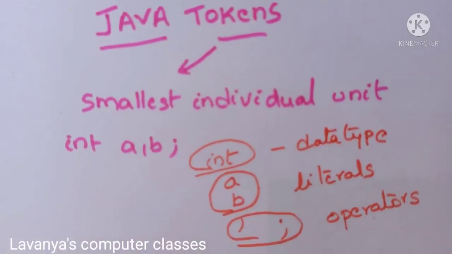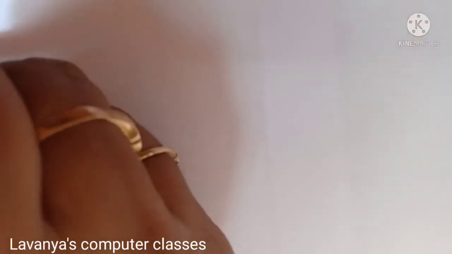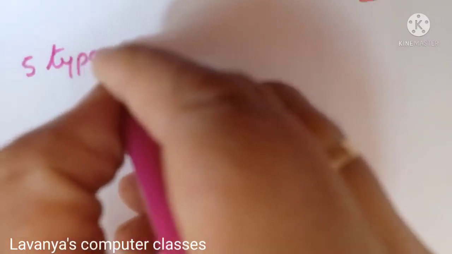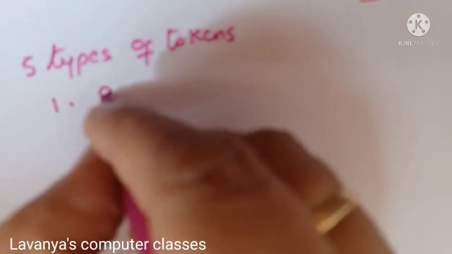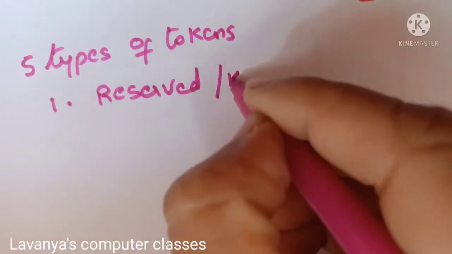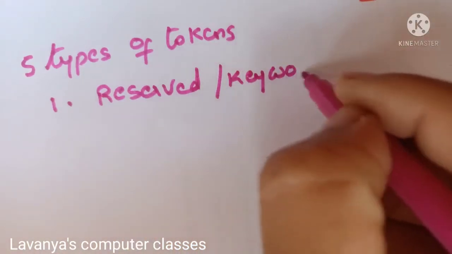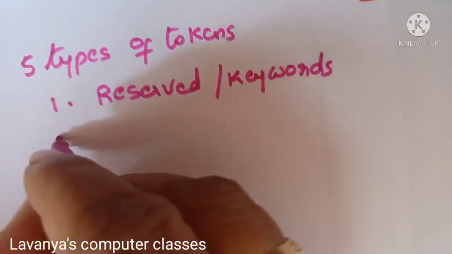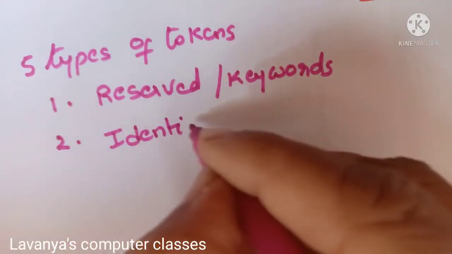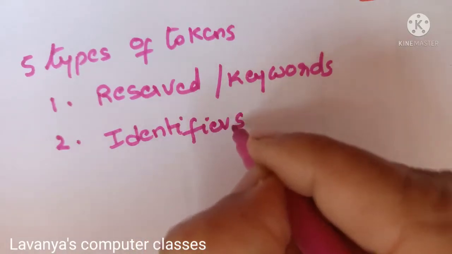Now we will explain briefly what a Java token is. Java has 5 types of tokens. First one is reserved words, which are keywords. Second one is identifiers.